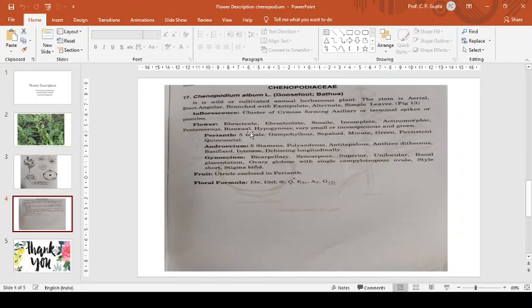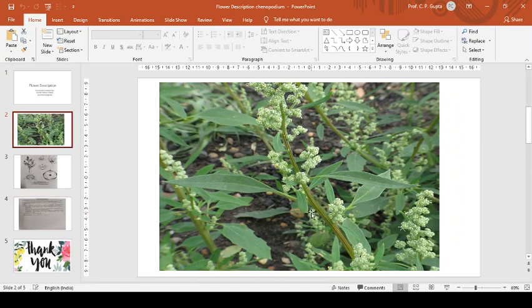The stem is herbaceous, erect, branched, angular, solid, densely hairy. Younger parts are striped, sometimes with purple or green stripes, green or partly red. You can see it here. There are stripes, green and partly red stripes.